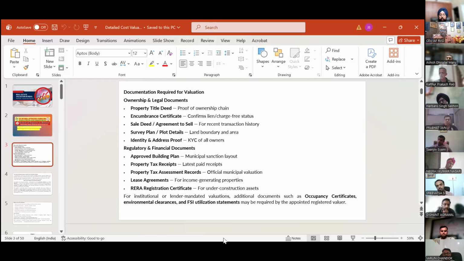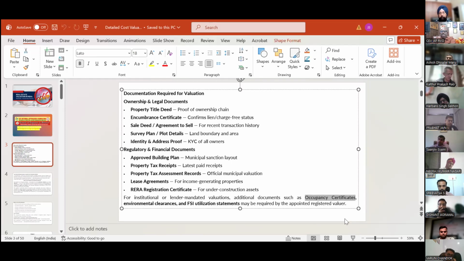For institutional or lender mandated valuation, additional documents such as the occupancy certificate are needed. Many times when you are doing valuation for housing loans, especially after the construction of the house, you have to do the valuation again of the estimated amount which has been incurred upon the construction of the building. For that, you need the occupancy certificate from the concerned authority.